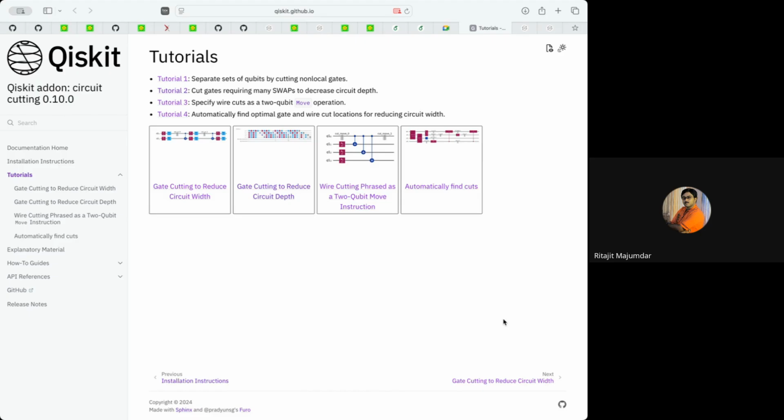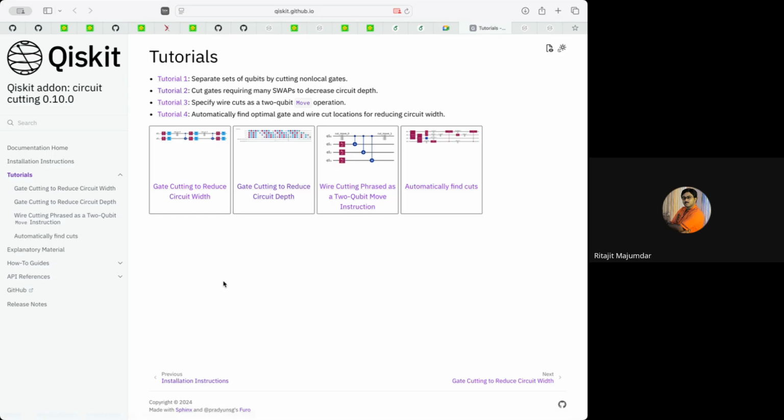That is basically problem dependent, and for now it is up to the user to decide whether using cutting is going to be useful for his or her circuit, and keep in mind the overhead. If it is useful, these tutorials show that you can manually put in where you want to cut for the first three tutorials.